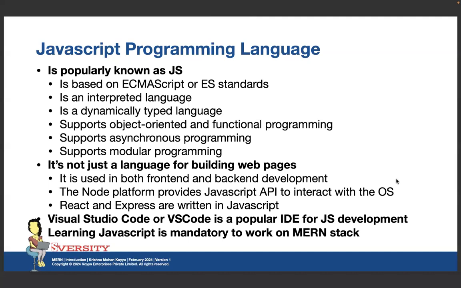So JavaScript is an interpreted language. You don't require to compile and then distribute. Rather you can just write your code in JavaScript and just distribute that code. Wherever you want to run this, you need to have a JavaScript interpreter which can directly execute your code.